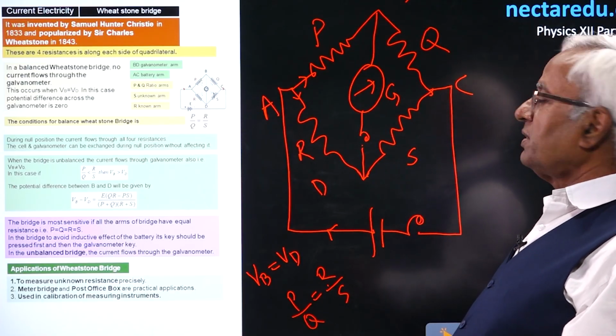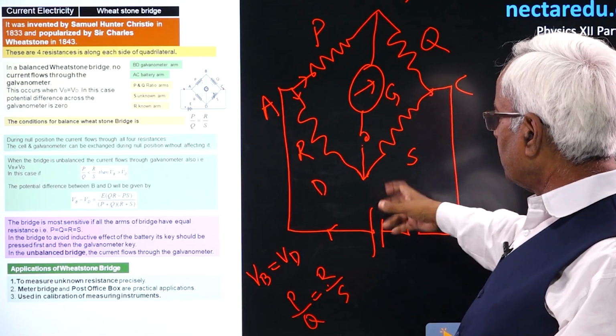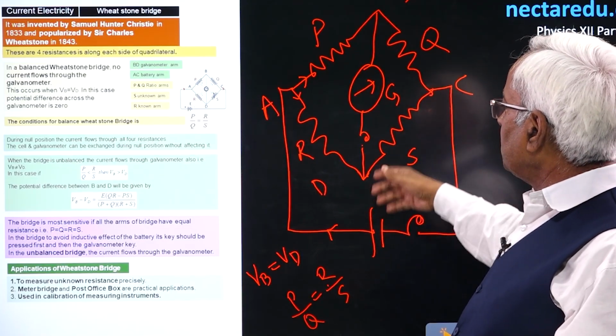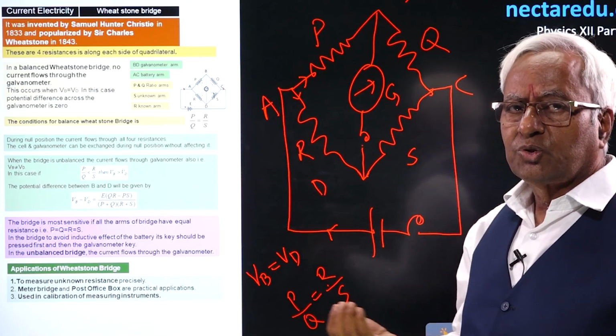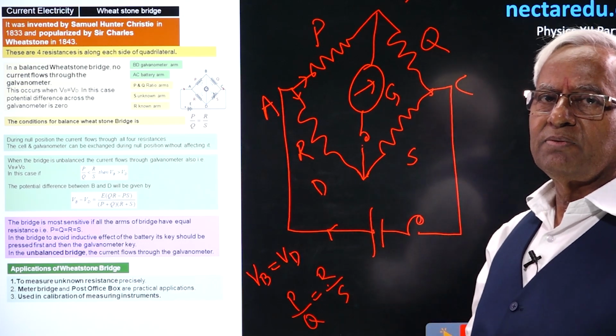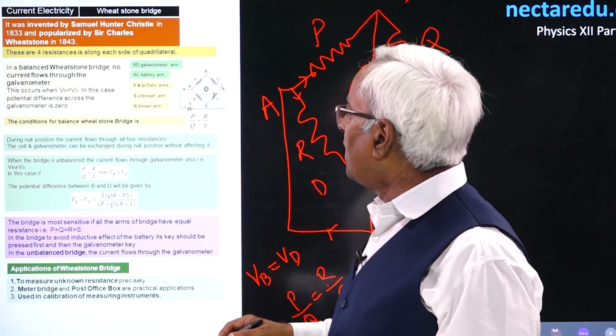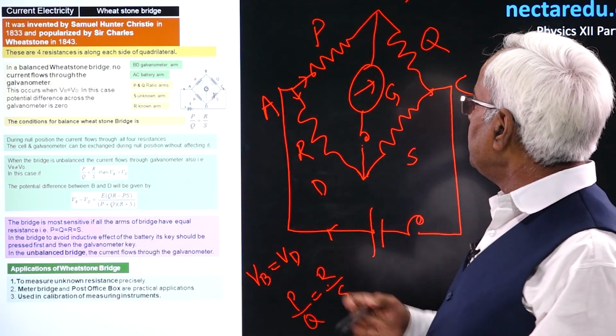One thing is very important: when the bridge is balanced, you can interchange the galvanometer and the cell. Means AC and BD, both the sides are interchangeable, going to make no impact on the balance of the bridge. That is why these are also called conjugate arms, AC and BD.